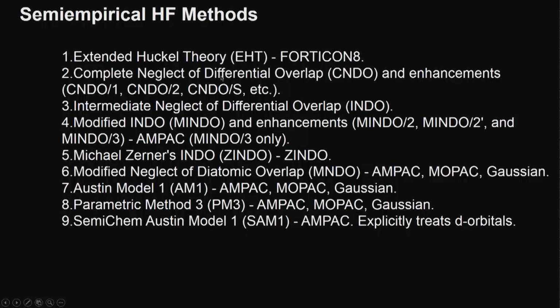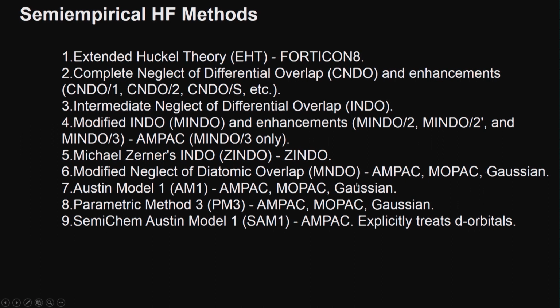So a large number of methods are there for semi empirical methods. CNDO, CNDO1, CNDO2, then intermediate neglect of differential overlap, INDO. We looked at some of those definitions yesterday. Then MINDO, that is modified INDO. Then we have AMPAC, then we have INDO, ZINDO, then modified neglect of diatomic overlap, MNDO.